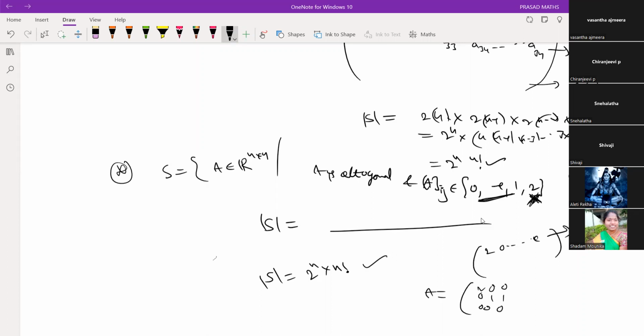To check whether it is orthogonal or not, look at the first row and the sum of the squares of its elements. It is actually 4, not equal to 1, therefore it is not orthogonal. But I'm not looking at whether it is orthogonal or not. I'm looking for the collection of all orthogonal matrices whose entries are 0, 1, minus 1, plus 2, not only a single matrix.